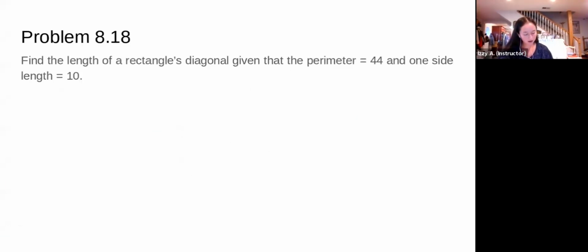Okay, so next we have problem 8.18, and we want to find the length of a rectangle's diagonal given that the perimeter of the rectangle is equal to 44 and one side length is equal to 10.